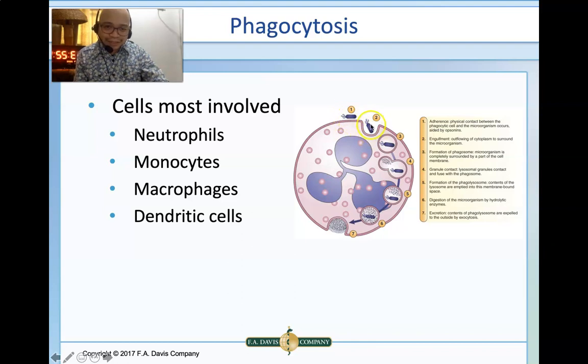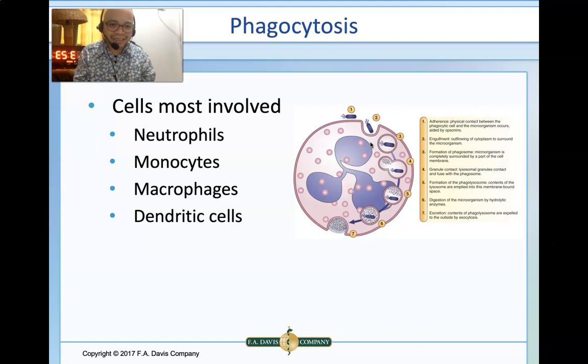And then number 2 is engulfment. So as you can see, it is the outflowing of cytoplasm to surround the microorganism. Okay? And then number 3 is the formation of phagosome. So phagosome is like the organism once inside the cytoplasm of the neutrophil, for example, there is a vacuole. Okay? The vacuole here is called phagosome.